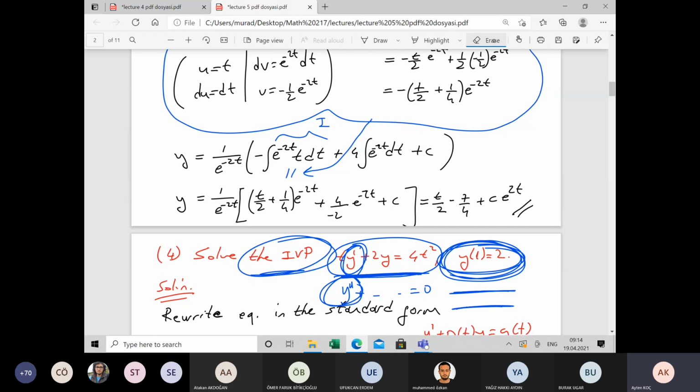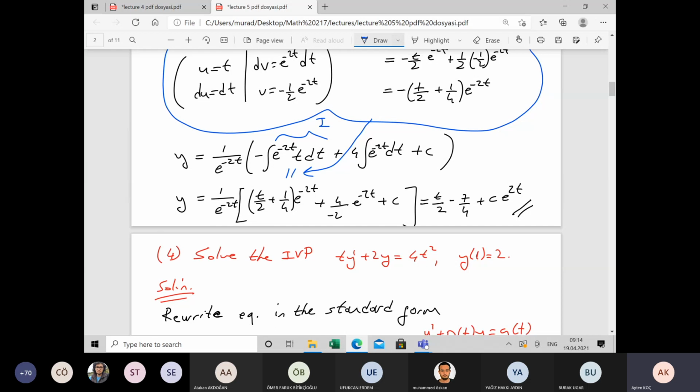The initial value problem always has a unique solution. Find the unique solution of this initial value problem. The highest derivative is the first derivative, so it is a first order differential equation, and looking at the coefficients of y prime and y, it is a linear first order differential equation.